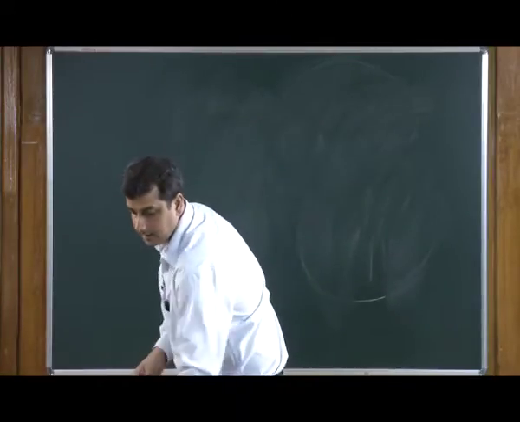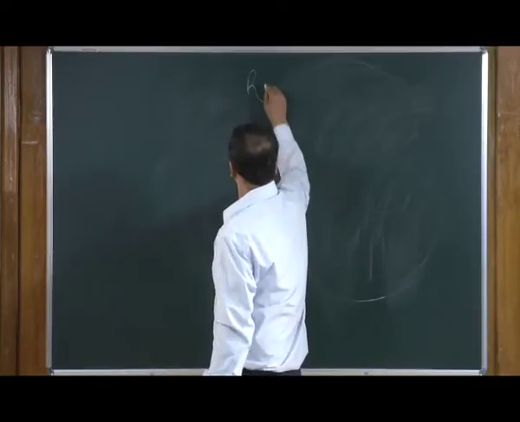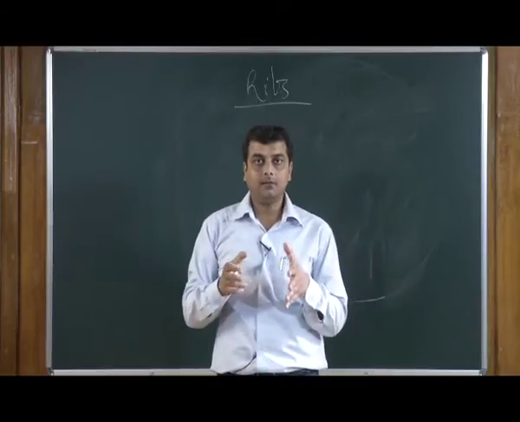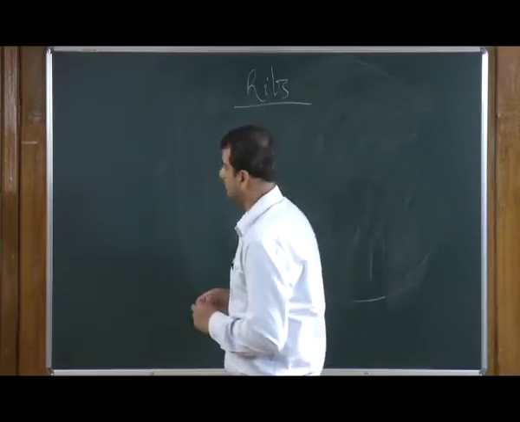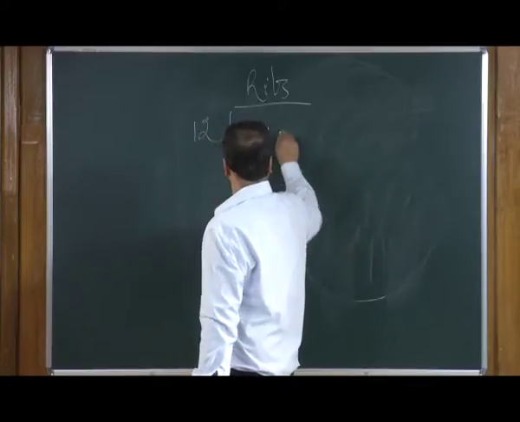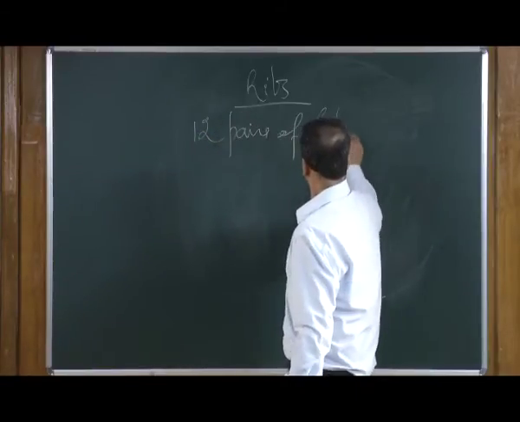So, we will discuss ribs. In total, we have 12 pairs of ribs.